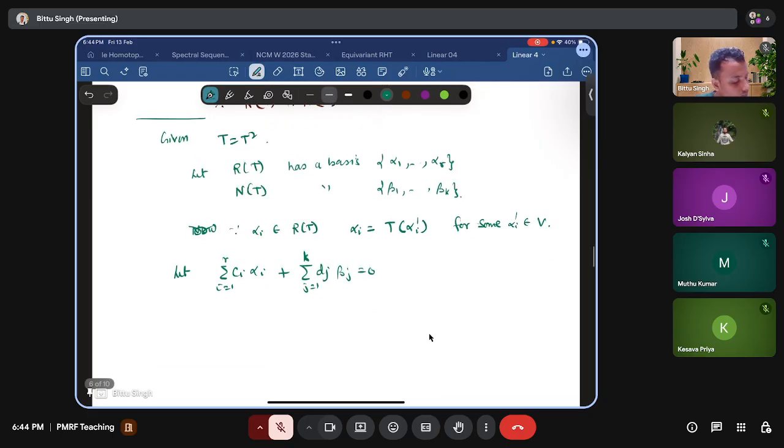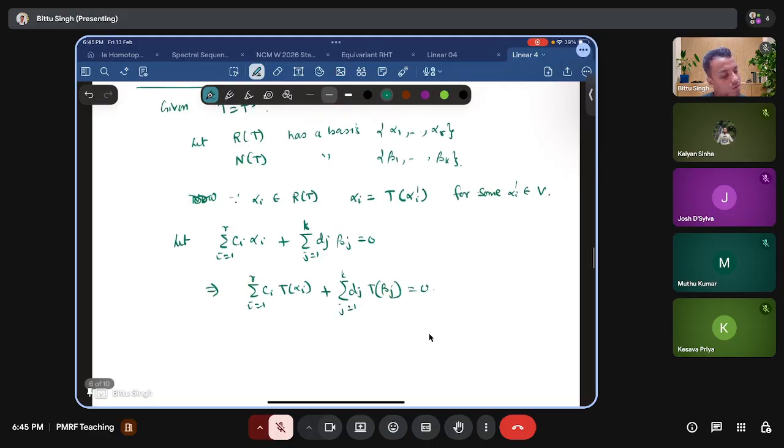Now apply T. By linearity it will become sum of ci T alpha i plus dj T beta j equal to 0. Note that beta j's are elements from the kernel, right? So T beta j vanishes. That will be 0. Therefore, we get sum of ci T alpha i equal to 0.